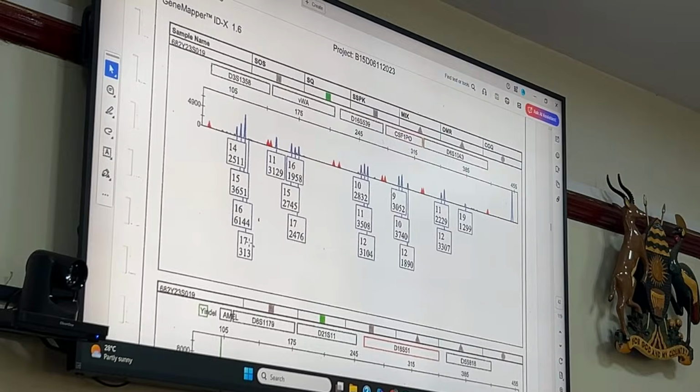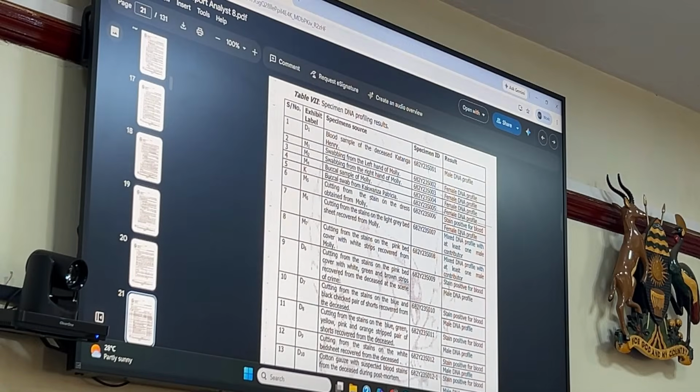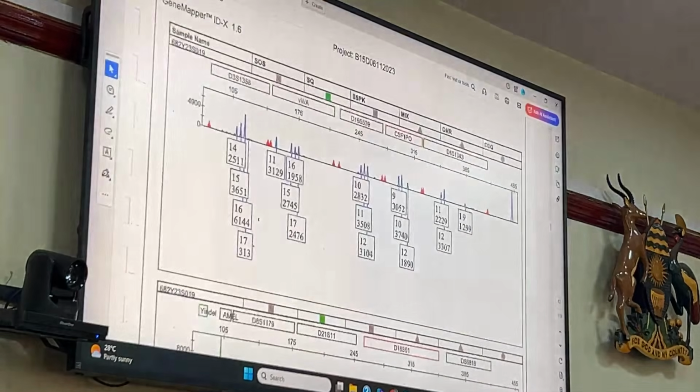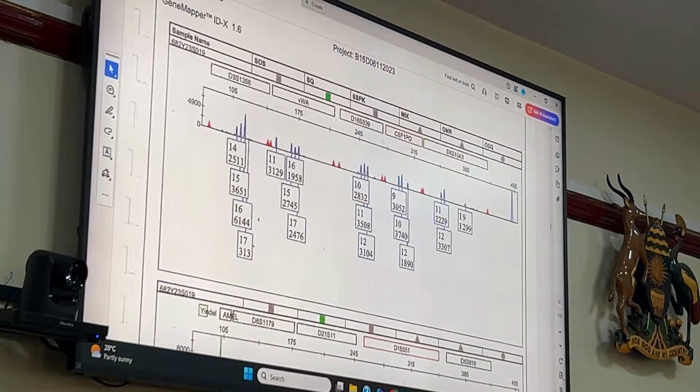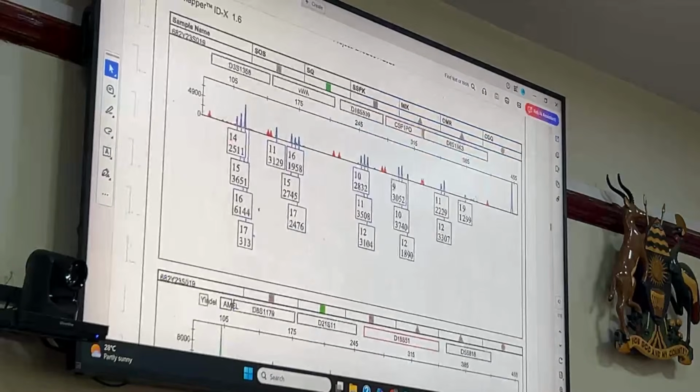Now, I want you to look at 14 and just tell me whose DNA was 14. And maybe we just stick at the electrophoregrams, maybe it'll be easier. You can take us to the sample of Henry Katanga. Did Henry Katanga give us the 14, then the sample of Mole Katanga, and the sample of Patricia?